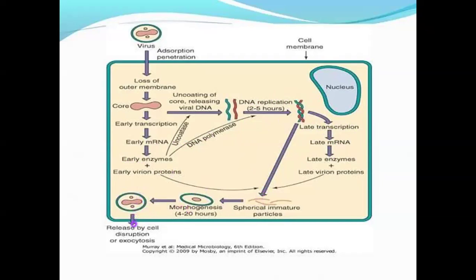Then exocytosis happens, so removal of this virus. All this is not relevant. The biochemical things that are happening in here are not that relevant. Just remember that DNA will be transcribed to RNA, RNA will be translated to protein, then the protein will form together, morphogenesis happens, then the virus is released.